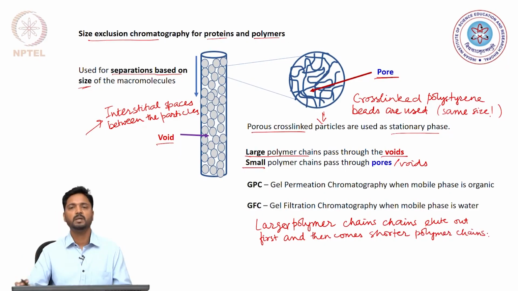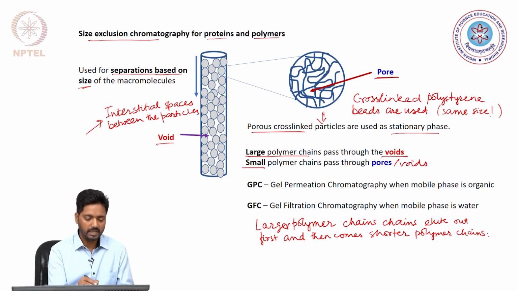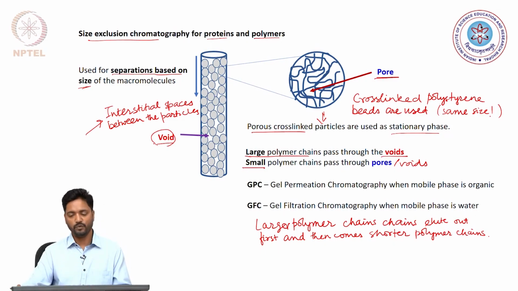Now, the similar logic can be applied in purifying proteins. In size exclusion chromatography, larger proteins will travel mainly through the voids and will come out first, and the smaller proteins will spend more time inside the pore and will come out much later.